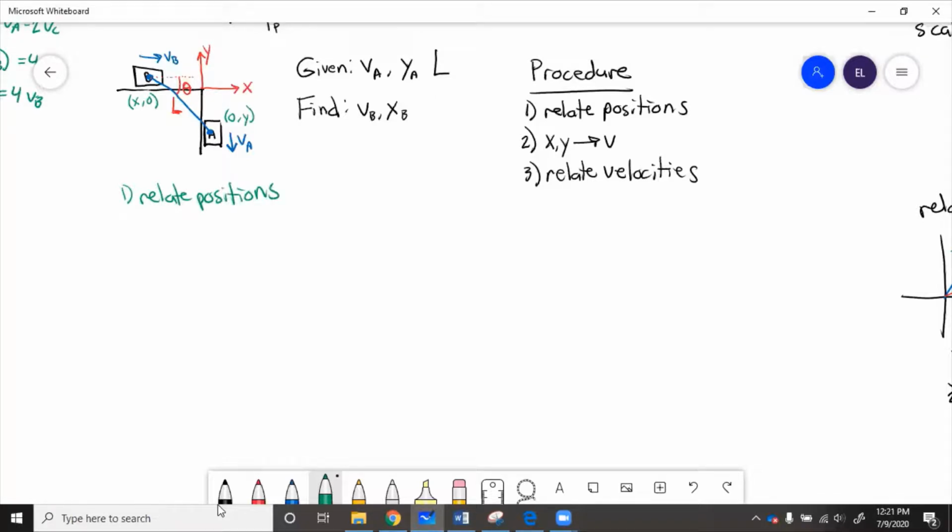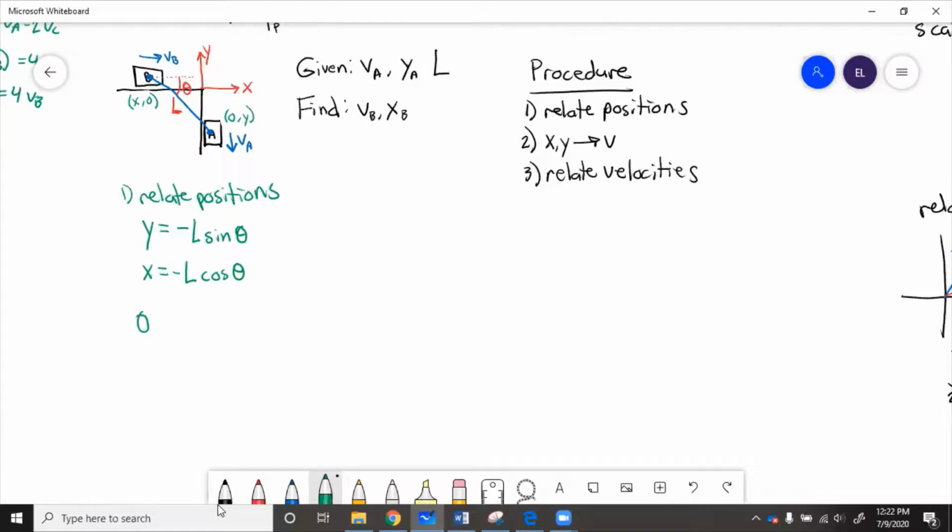Well, we know that position of A, y equals L sine theta, but it's in the negative direction, so minus L sine theta. And then X, that is going to equal negative L cosine theta. That is in the negative direction. So our first one, and then we can figure out what is theta.